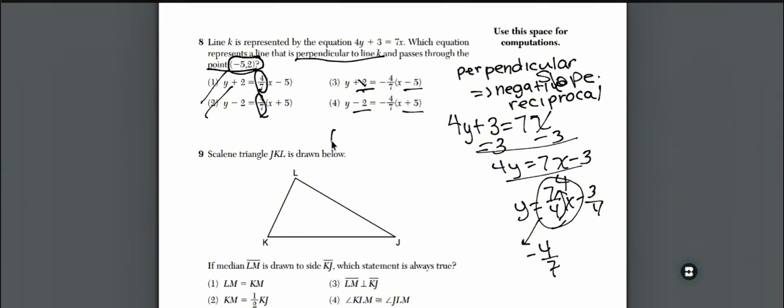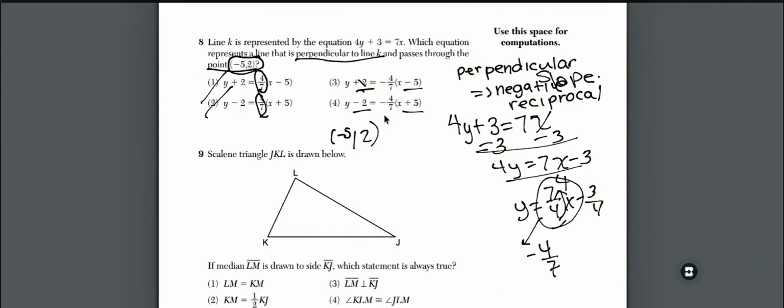And my point is -5, 2. And when it's written in my equation, it's going to be the opposite symbol. So here, my point is -5, 2. And in the third equation, it's written as y plus 2 equals -4/7 x minus 5. But it's not the opposite of my point.